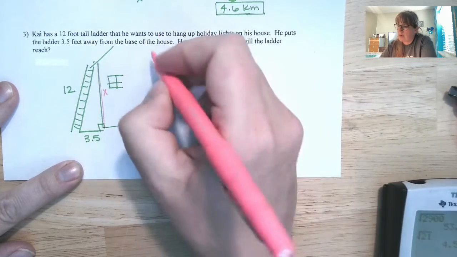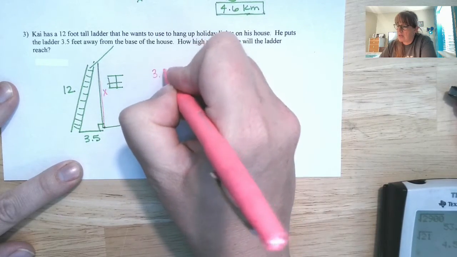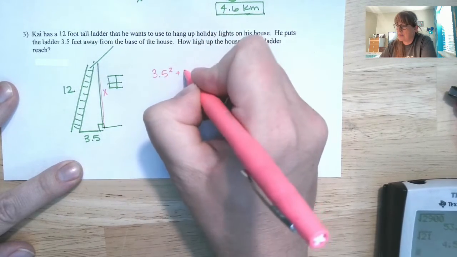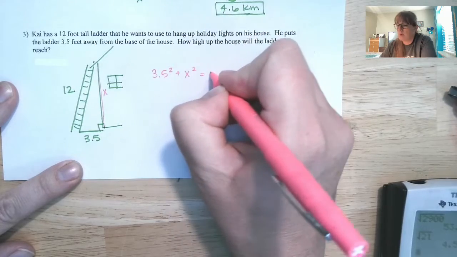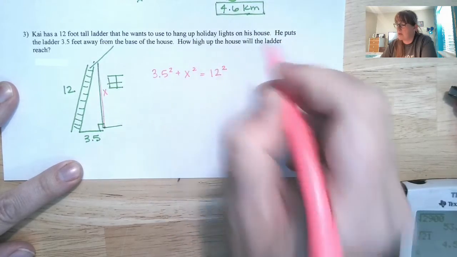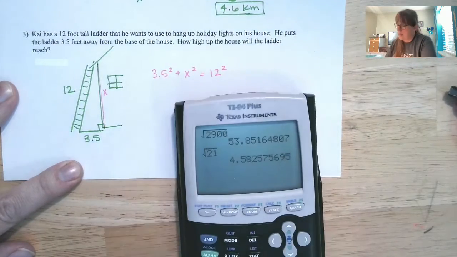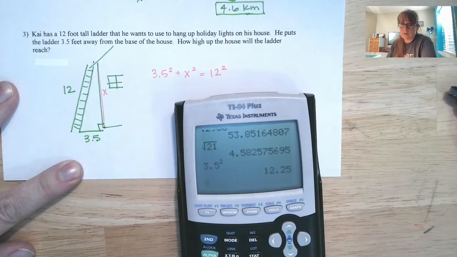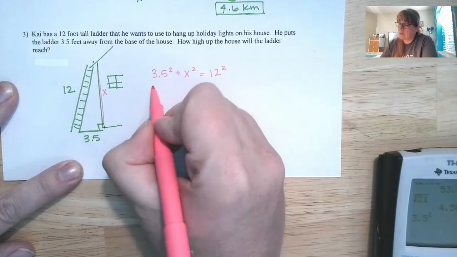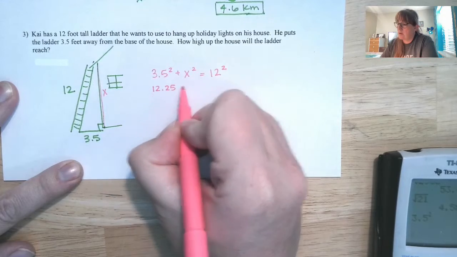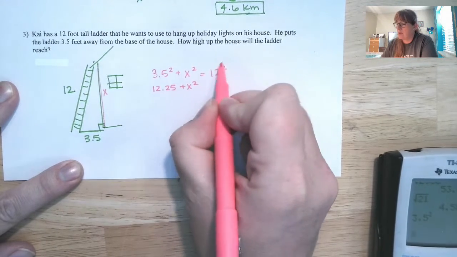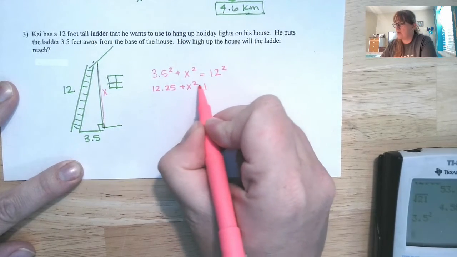So we have a Pythagorean theorem again. So a squared plus b squared equals my hypotenuse squared. So we have 3.5 squared, which is 12.25. 12 squared is 144.